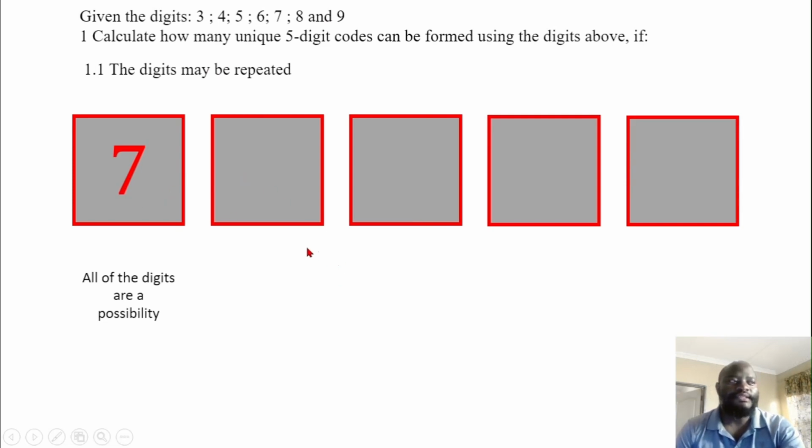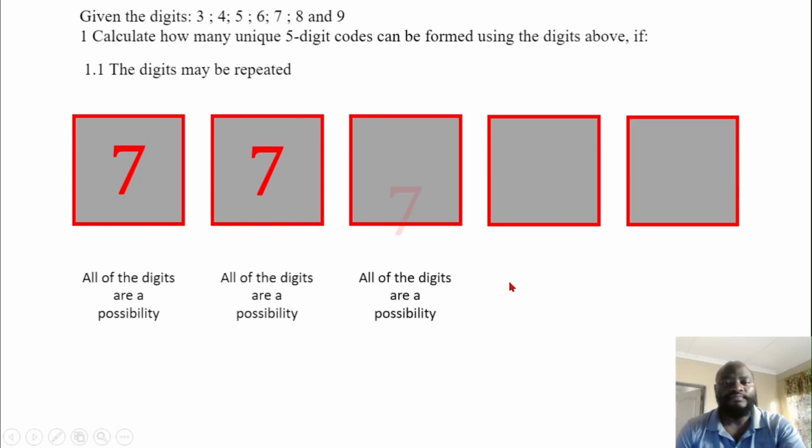And same goes for the second position. Again, repetition is allowed. So 7 possibilities again here. Third position is the same as that. All the digits are allowed. So it means we have a 7 here. So I'm sure you can see now that this is going to end up being all 7s.